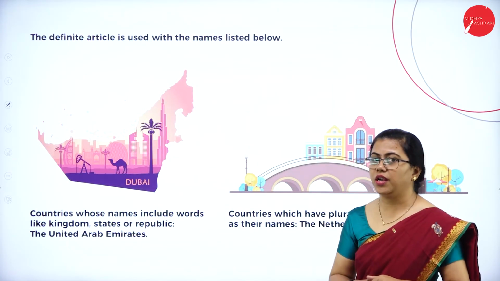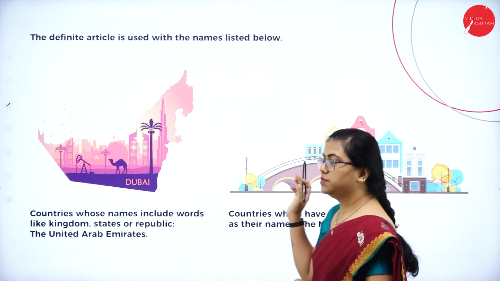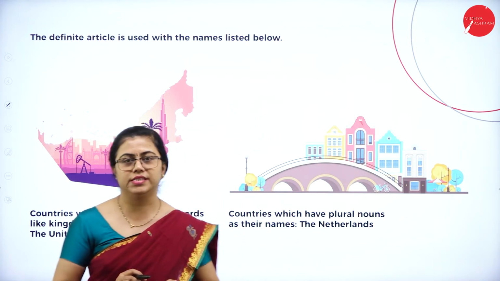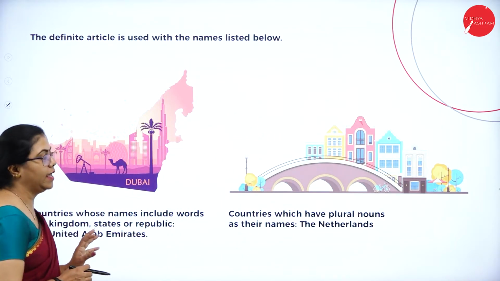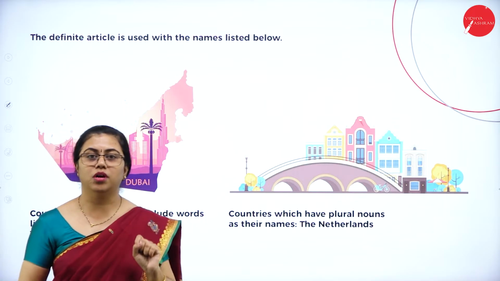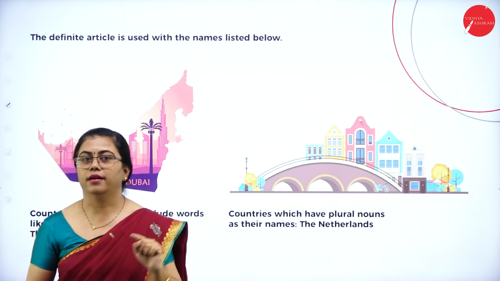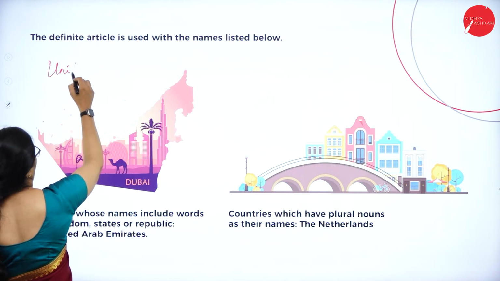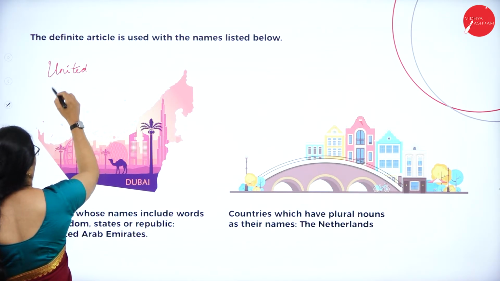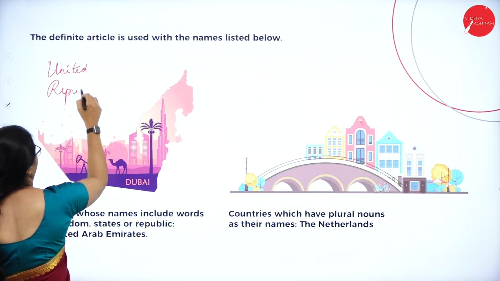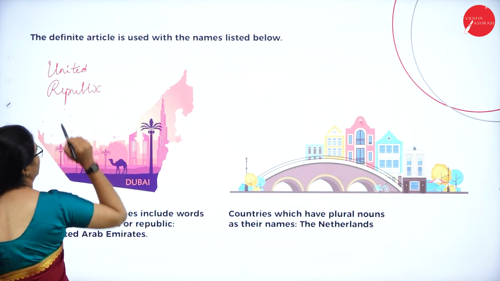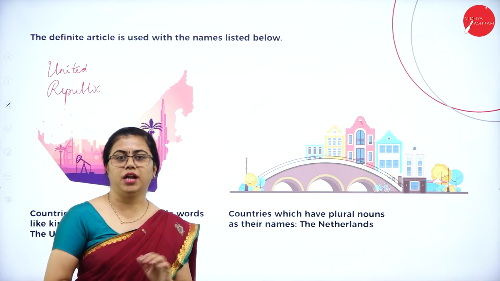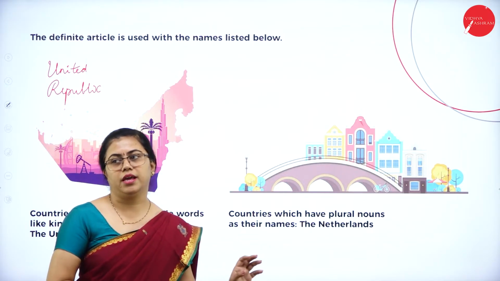We use the definite article also with names that are listed below. Here you can see there are a few names of countries that have words like United, Republic, all these. So countries that have words like United or maybe Republic, all these words actually take the definite article the with them whenever they are referred to.